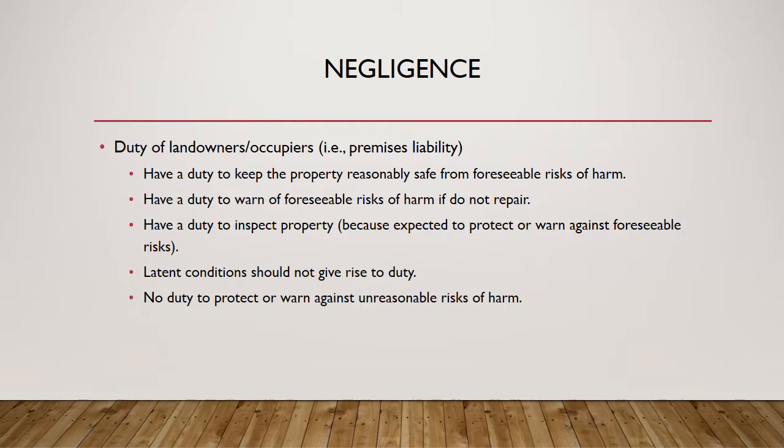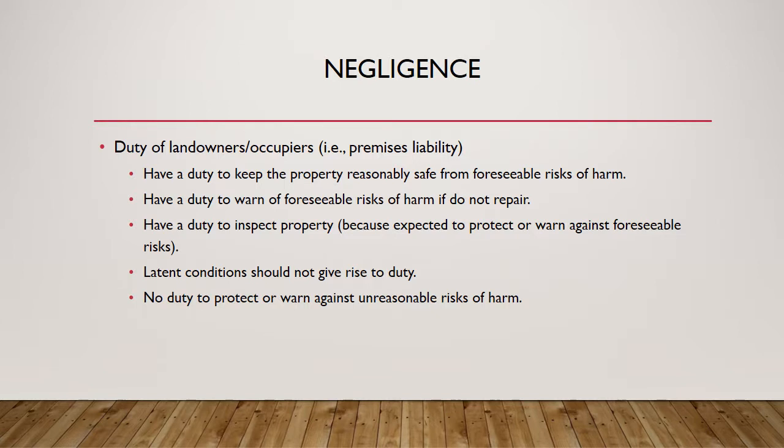But if it's a risk that they do not repair, then they have a duty to perhaps warn about it. The common example of warning is when you go to a parking lot and you may have a step up from the parking lot to the curb to then enter the store.